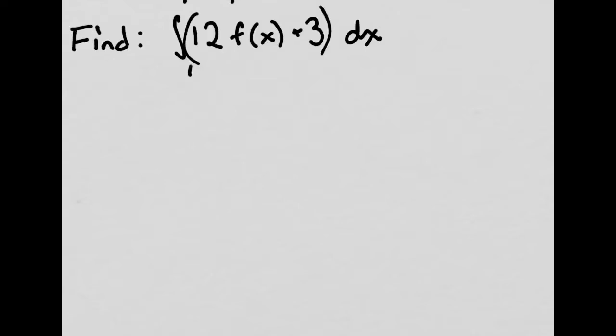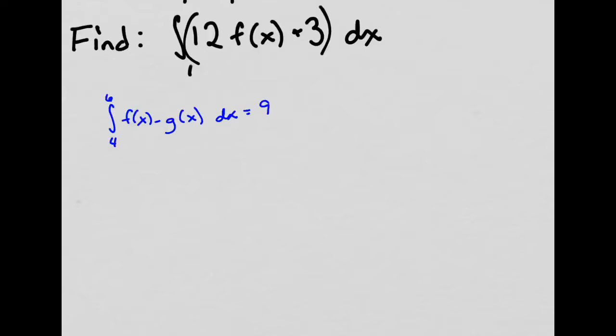So first, I think it would be good to find the integral of f of x from 4 to 6. We know from 4 to 6, f of x minus g of x dx is equal to 9.